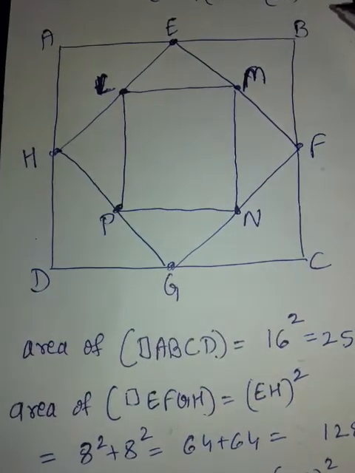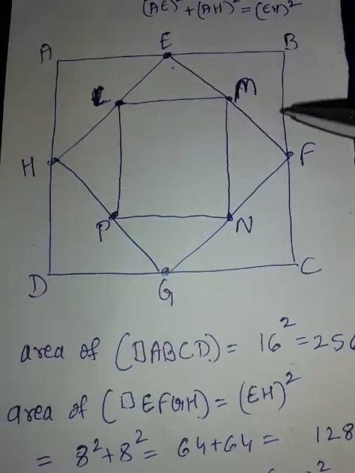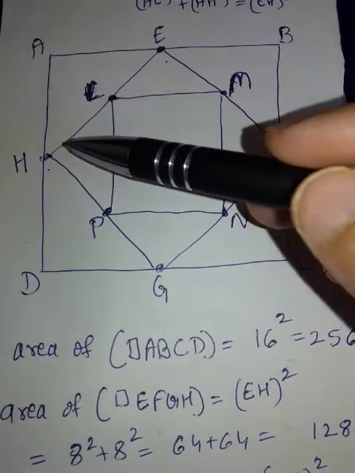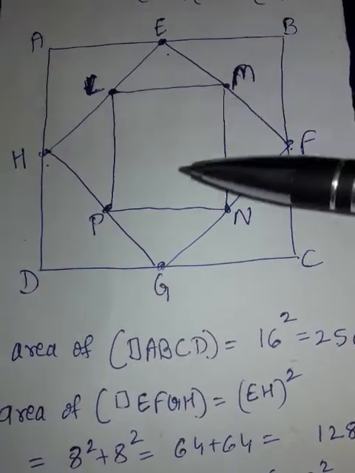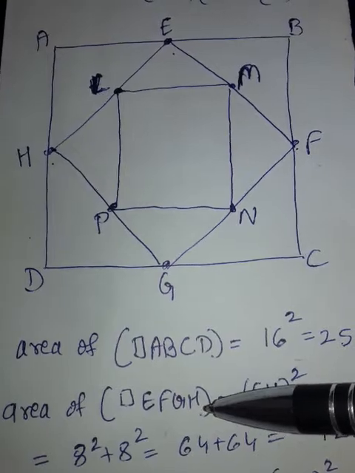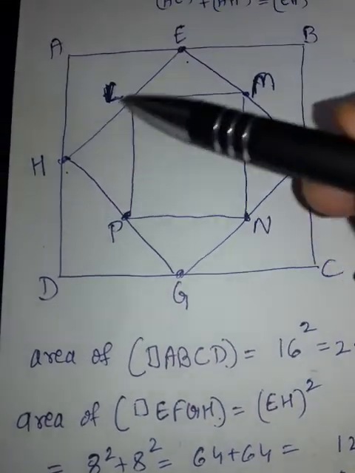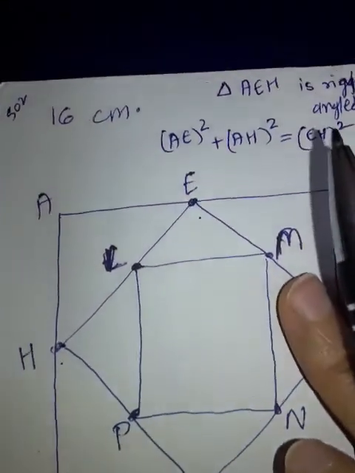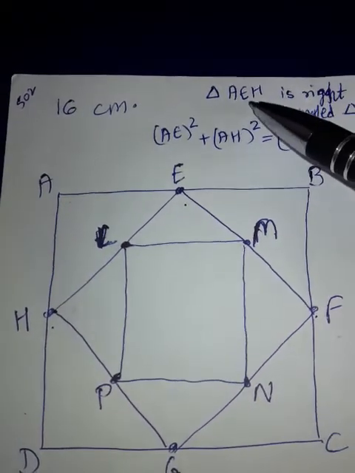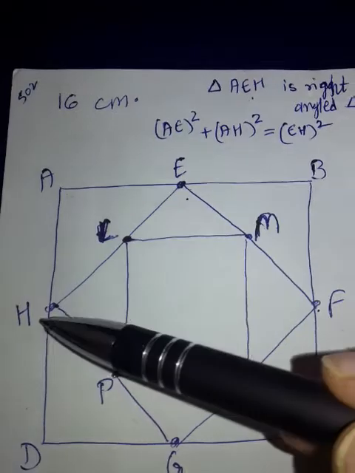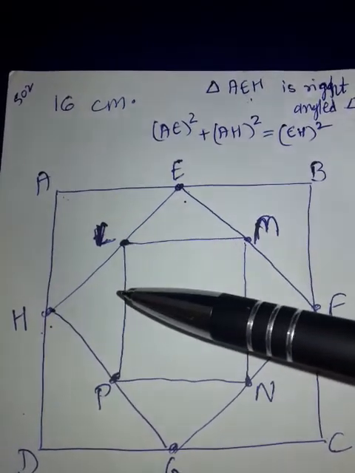Now I need to find the area of square EFGH. So I must know any of its sides, and then I'll just square it to find the area of square EFGH. Now how to find any of its sides? Concentrate on this triangle, triangle AEH. Is it a right angle triangle?